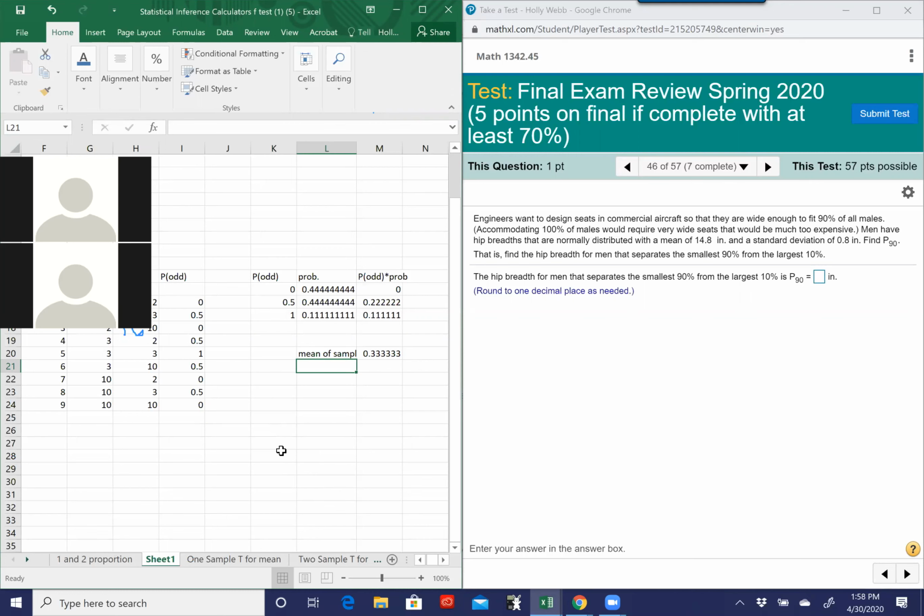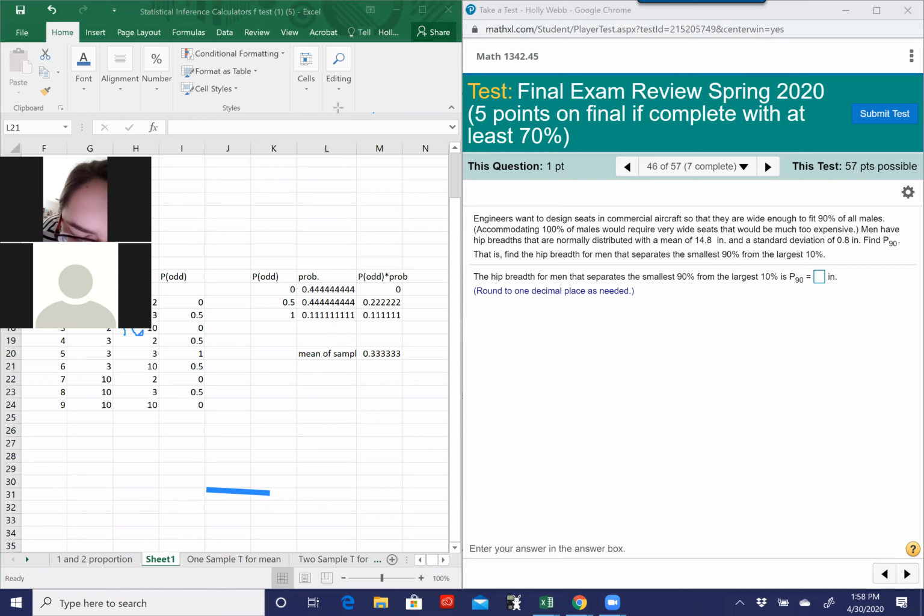Okay. So what do you guys think? It's talking about a normally distributed population. So maybe this is from chapter 6, because it looks like we're going to need to draw a normal curve.